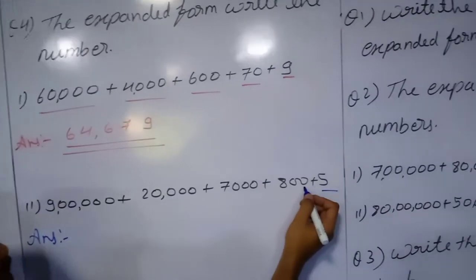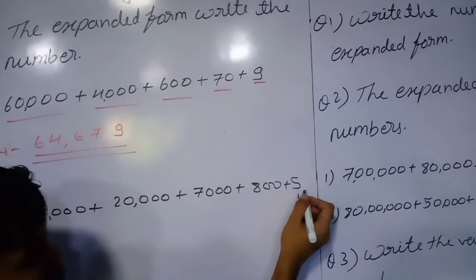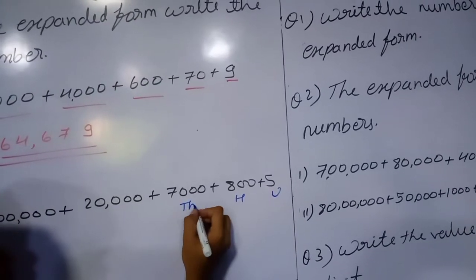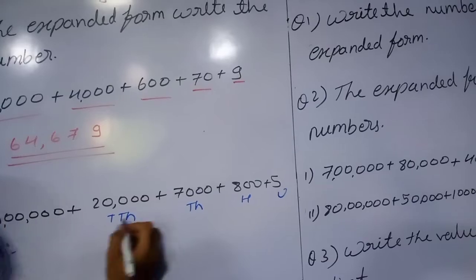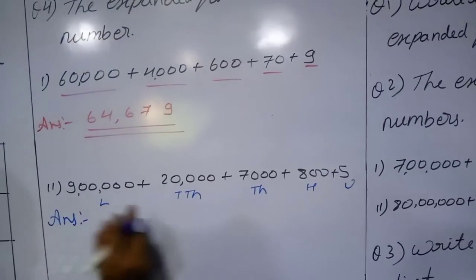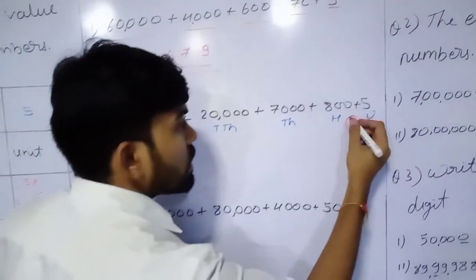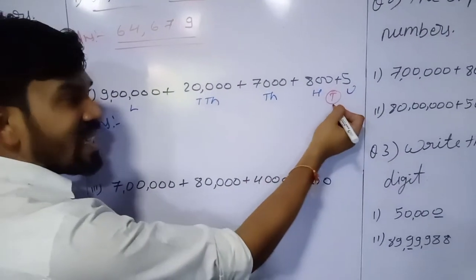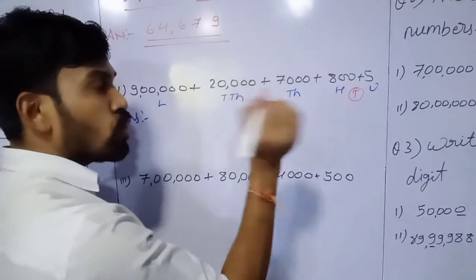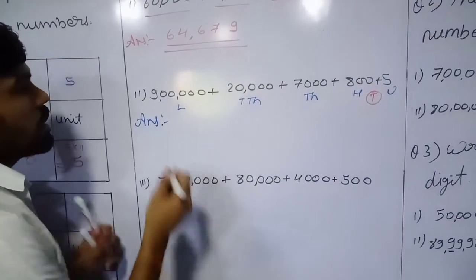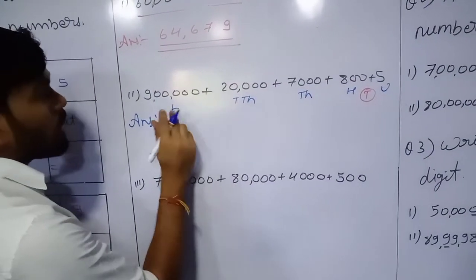In the second one, see, unit. Here we don't have tens. Here we have unit, 100, 1000, 10,000 and lakh. So here we are missing the tens. 10 is missing. At the missing place, we have to put 0. Start writing. 9, then lakh.